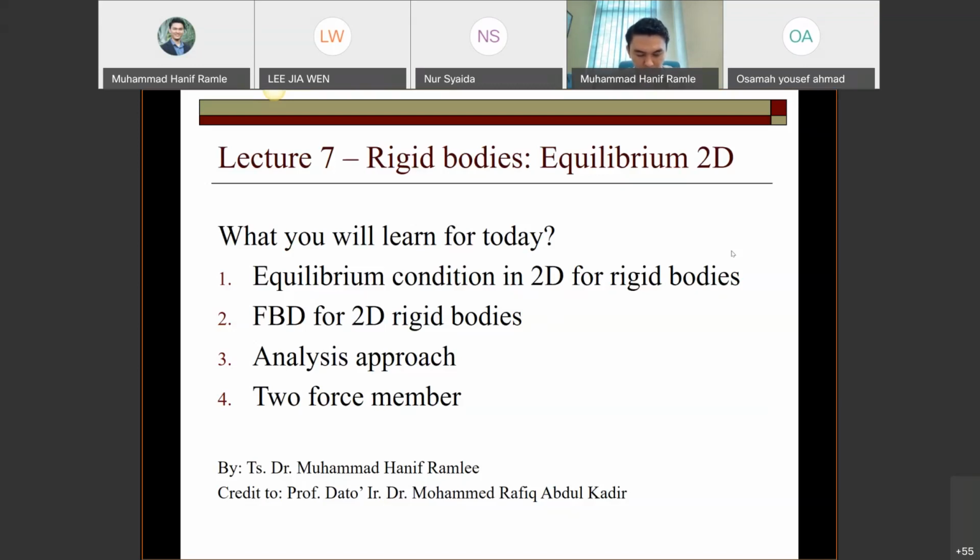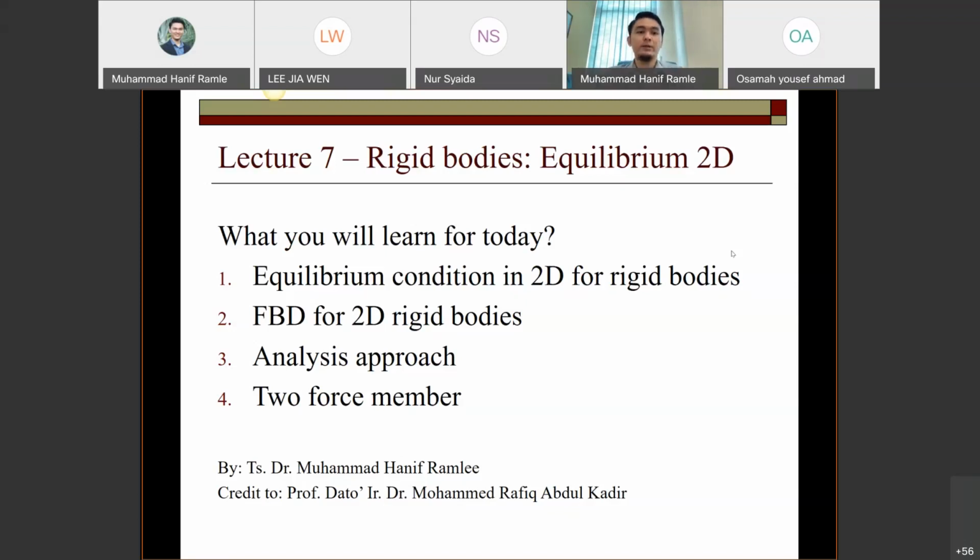Number one is the equilibrium condition when we have a 2D rigid body, reaction and action forces, the external and internal forces. Number two, you will learn how to draw the FBD, free body diagram, with the desired body for 2D rigid bodies.